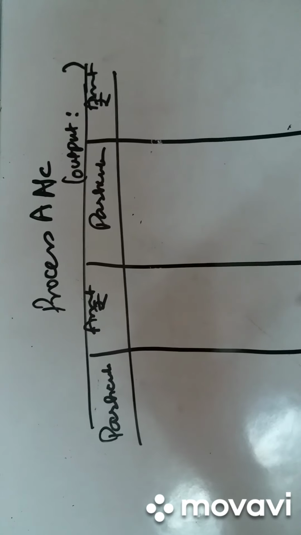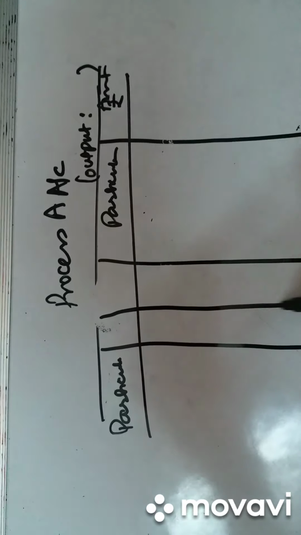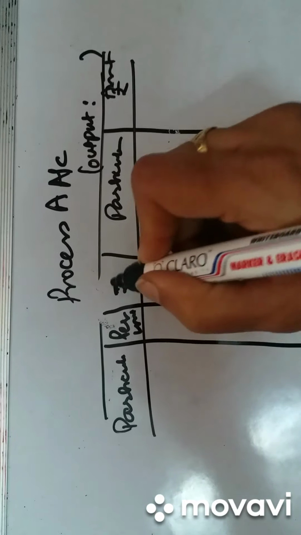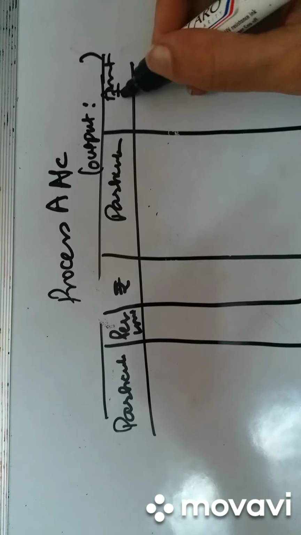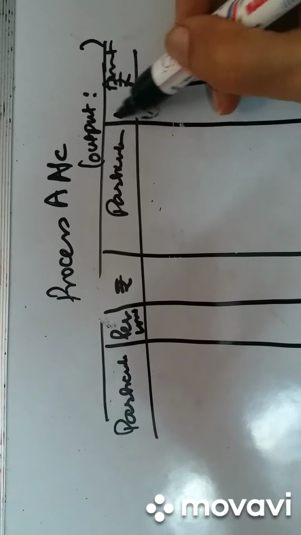Now what else can I do? Yes, one thing more, I can make a per unit column over here. So one is total and one is the cost per unit column. So we can do it like this.